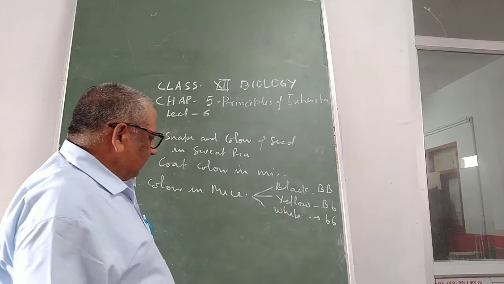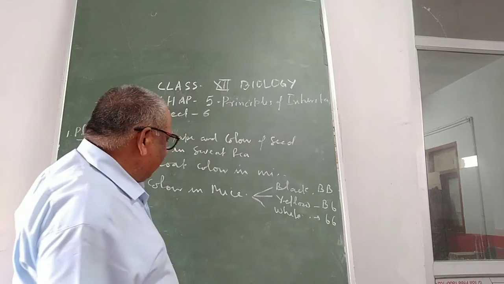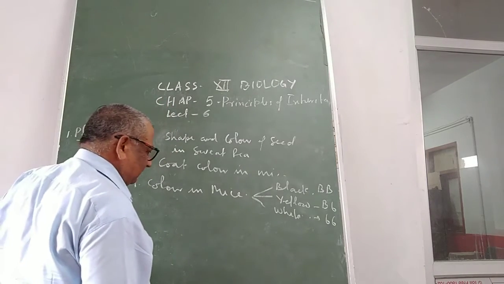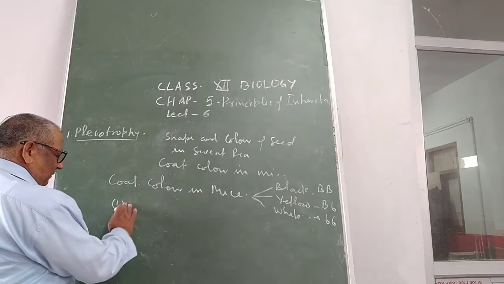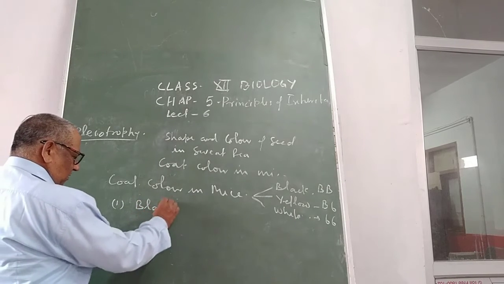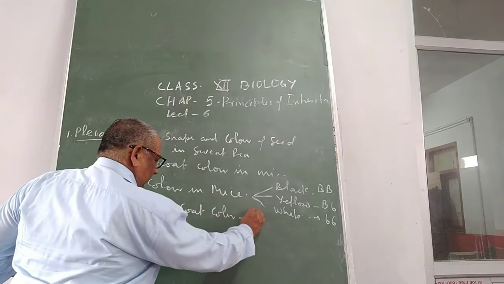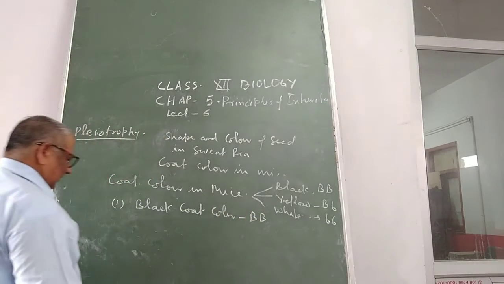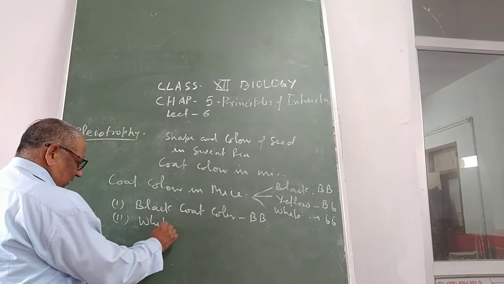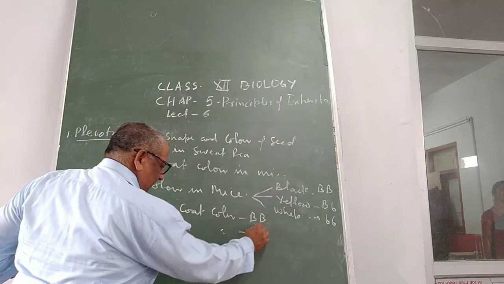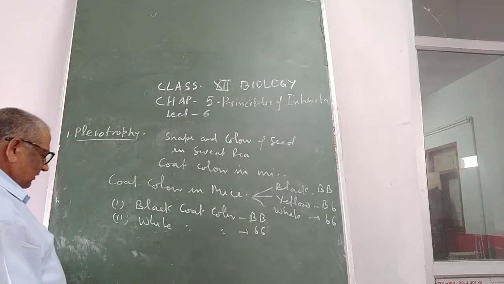Now, the three types of coat color are in different types of mice. We see one category of mice, black coat color, we simply represent capital Y, and second we are getting the white coat color. We represent small b, where a cross is made.